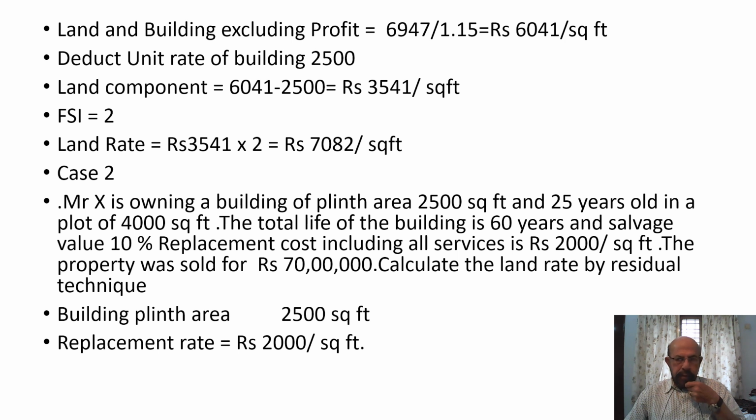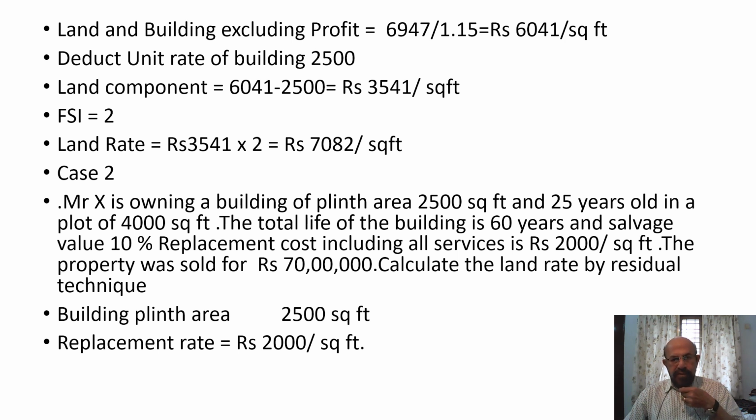The land and building, excluding the profit, is equal to 6,947 divided by 1.15 is equal to rupees 6,041 per square foot. Deduct unit rate of building construction cost.